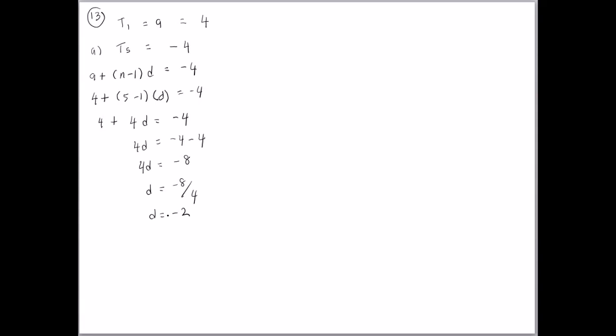Okay, and then B. Find the 11th term of the sequence. For B, we want to find T11: a plus n minus 1 d. Okay, remember to always write down the formula. a is 4 plus our n is 11 minus 1 and our d is negative 2.